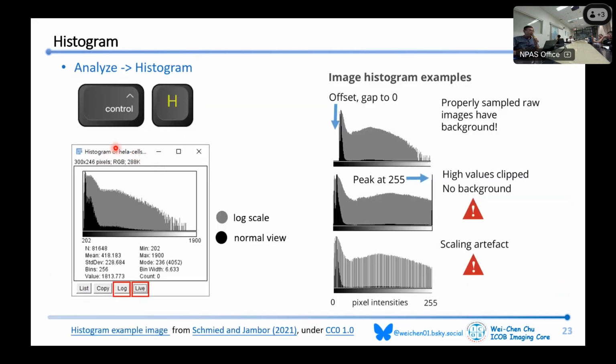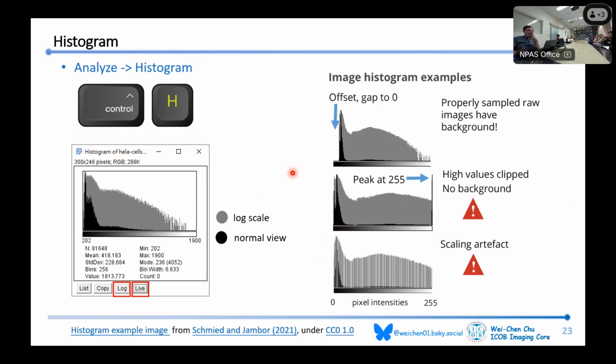Okay, so the histogram is very important. When you check the image, you can use log view. With log view you can see the fewer pixel distribution. And if you see a peak here at 0 or at the maximum, that means your data was not recorded properly. So data clipping has happened.